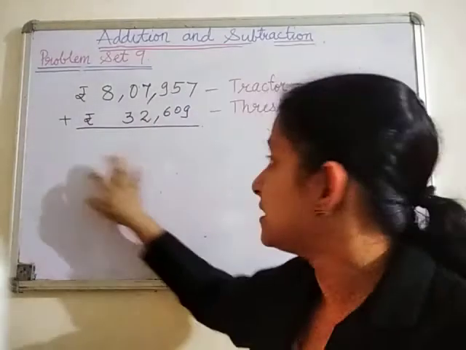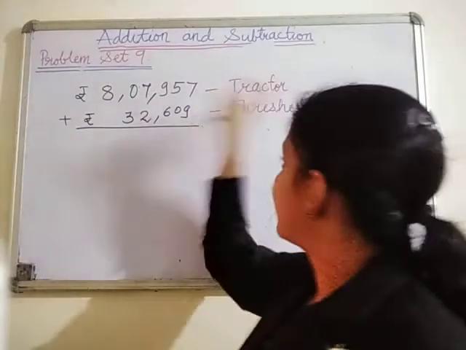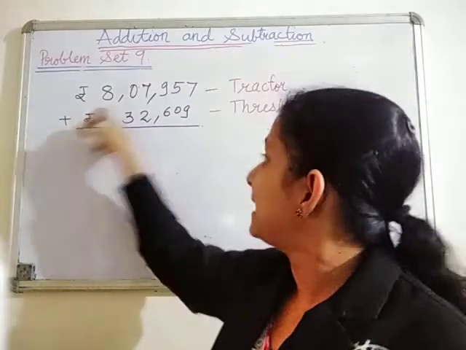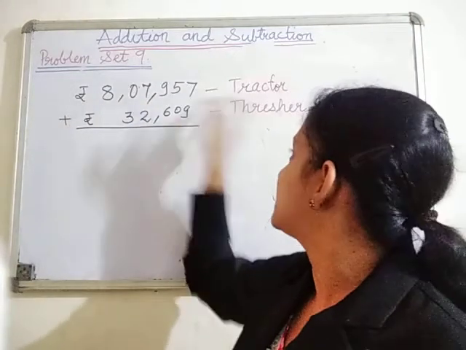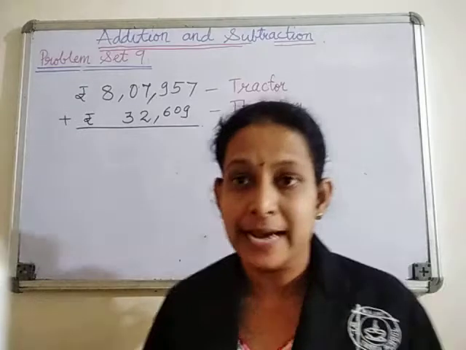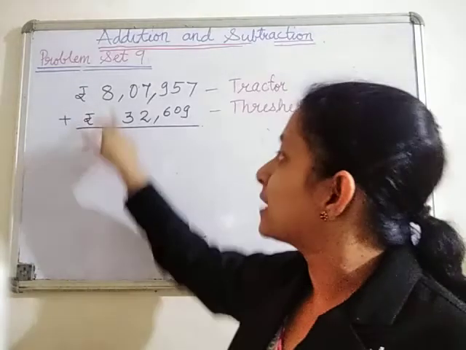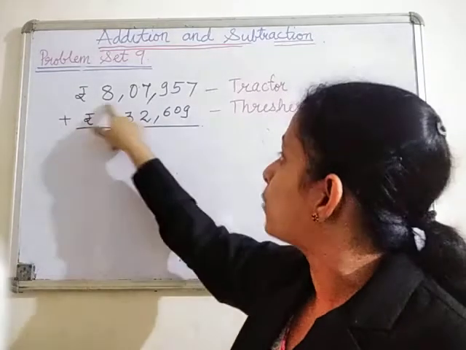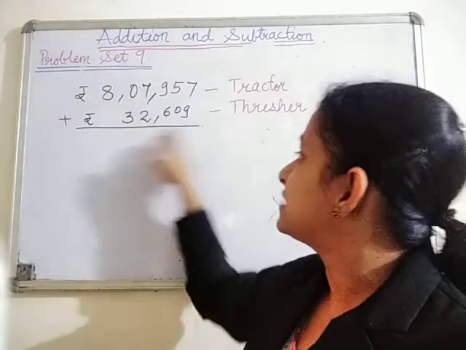So I have written the data now. The tractor amount is 8,07,957, whereas the thresher is for rupees 32,609. Now if you carefully look at these two numbers, you will find that one is 6-digit, another one is 5-digit.